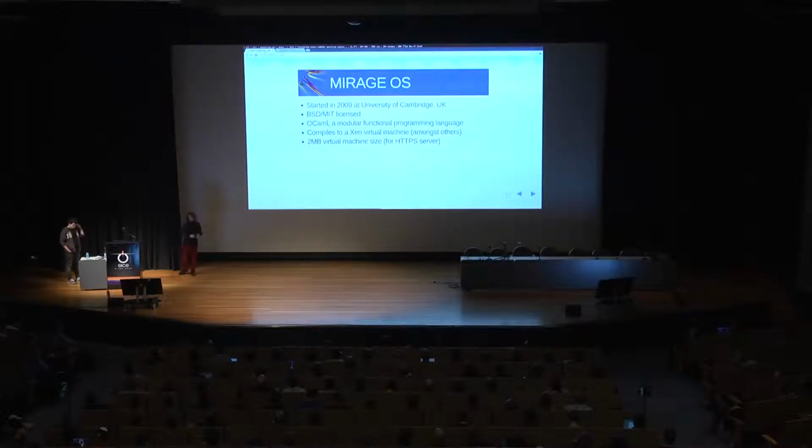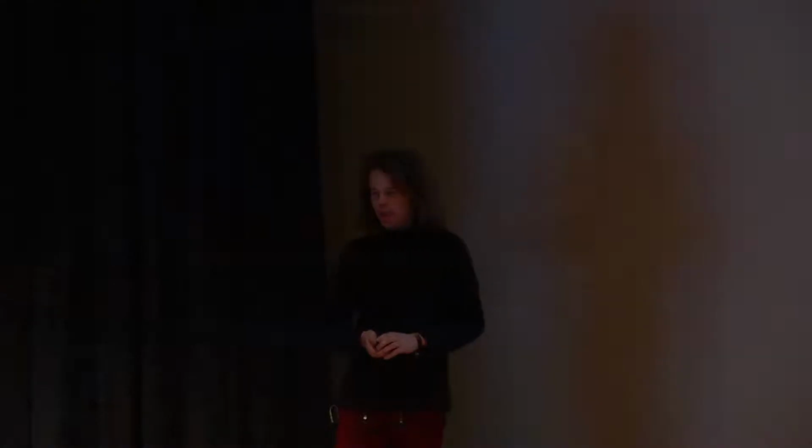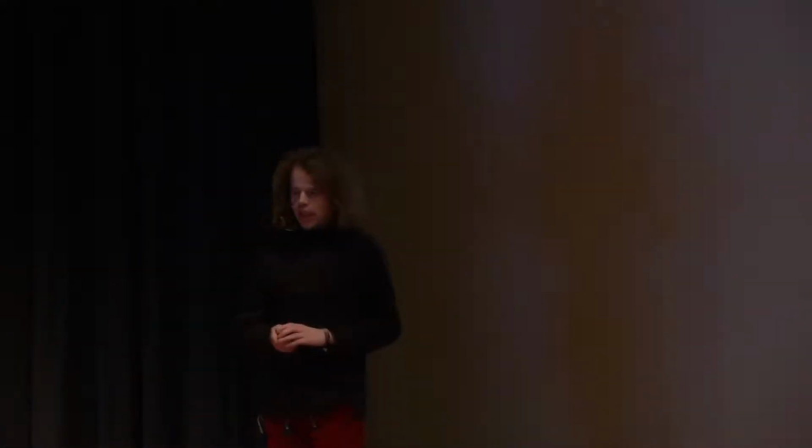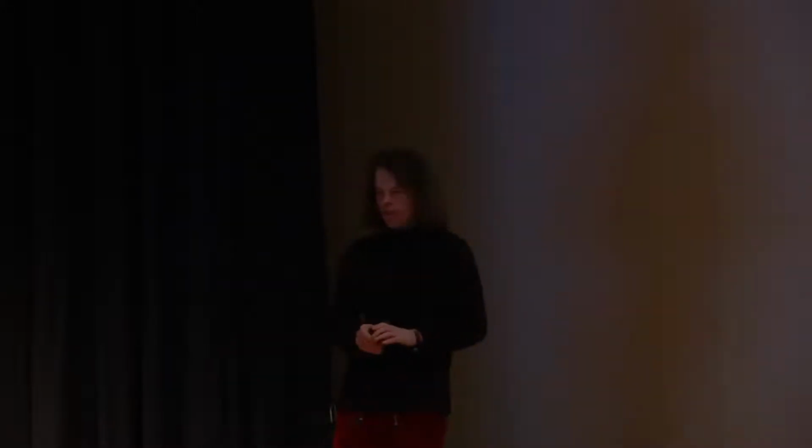So I will explain here a bit about MirageOS, which is the research project I'm currently working on, which started 5 years ago in Cambridge. It is all BSD MIT licensed, all available on GitHub. It uses OCaml, which is a modular functional programming language. And it can compile to a Xen virtual machine image on ARM or on x86 or whatever.